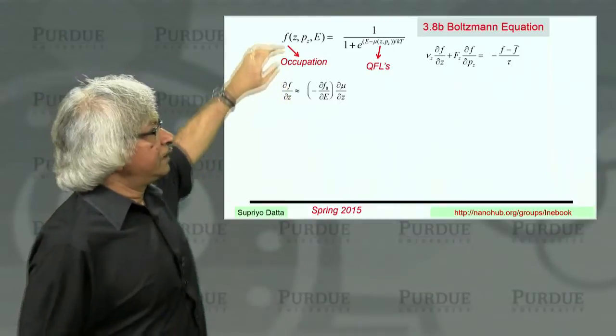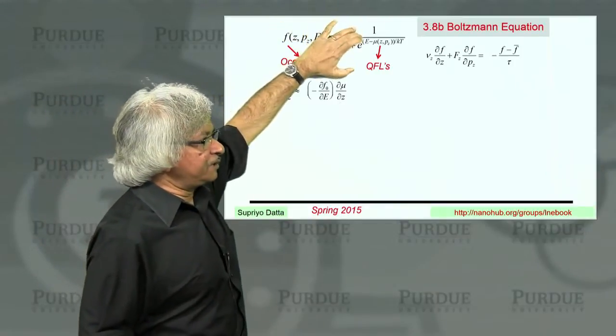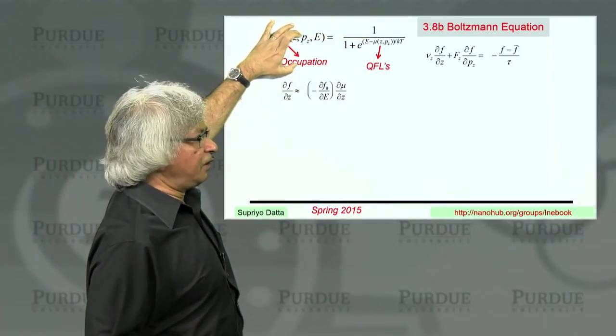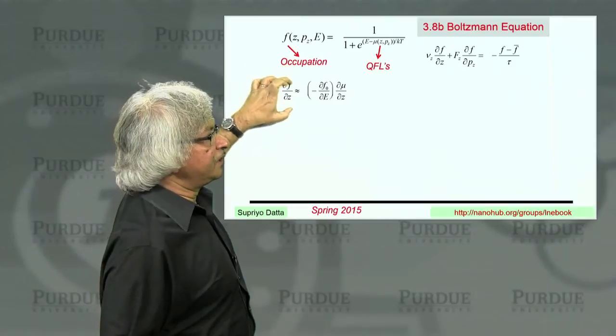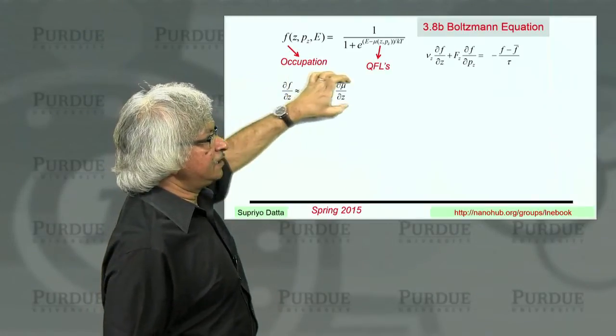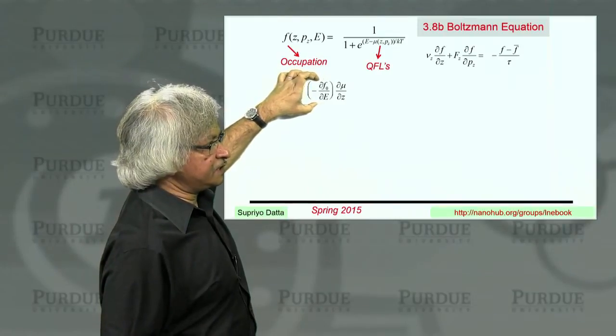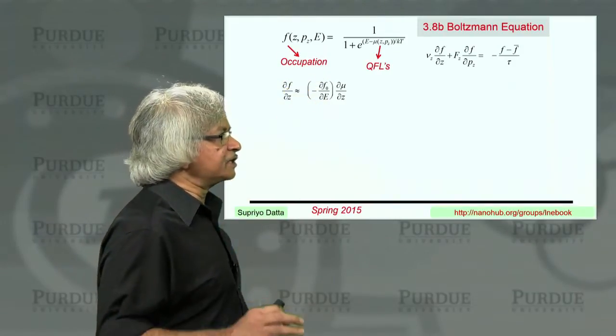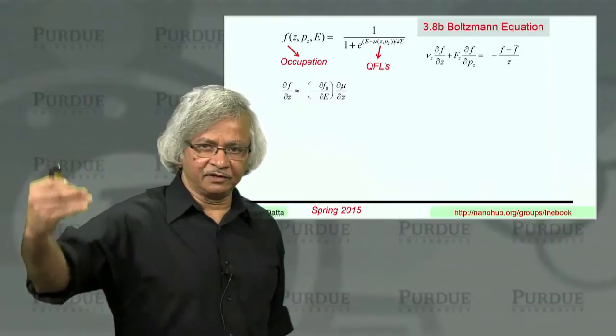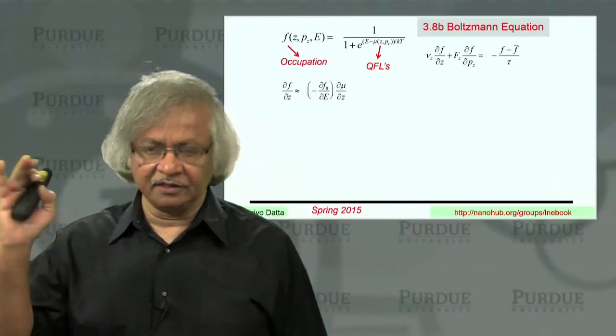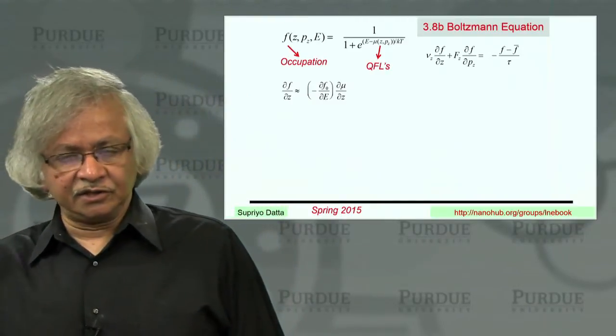Now, if you start from this form, then you can write the derivative del f del z in terms of del mu del z with this df0 de in front. And this, of course, involves exactly the same derivatives and Taylor series expansion that we had been using since Unit 1.